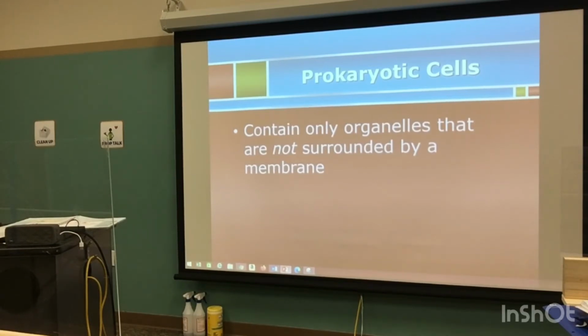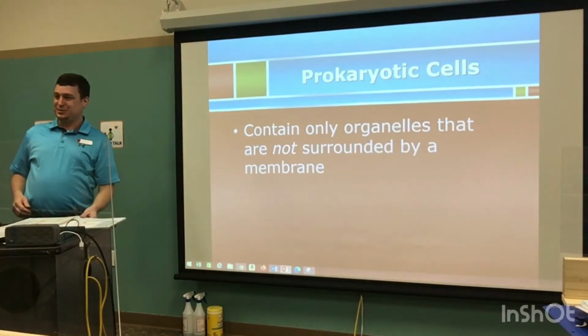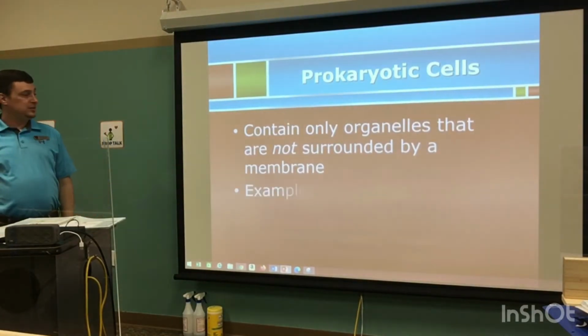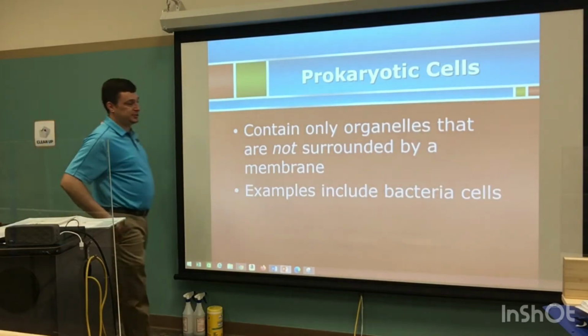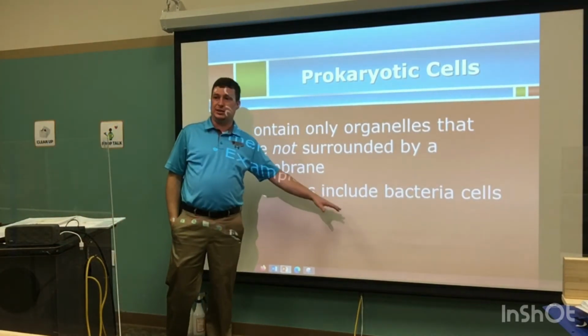Now, some really nifty and cool examples are the bacteria living in our world. The bacteria that love to get on your hands and your brothers and sisters' hands and all over sticky things. So bacteria are perfect examples of prokaryotic cells.